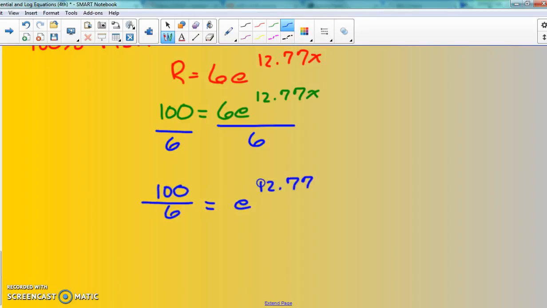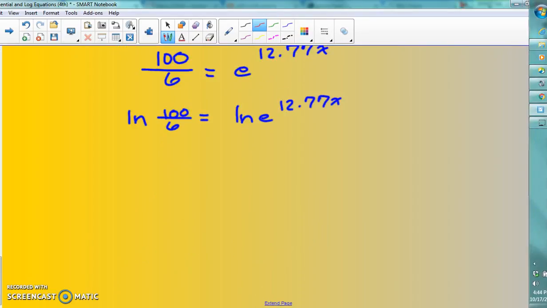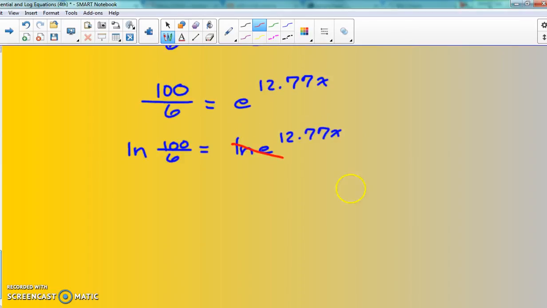All right, so we isolated the exponential function. We did natural log on both sides. Then we simplify it down. We get the natural log and e to cancel. So the natural log of 100 over 6 equals 12.77x.